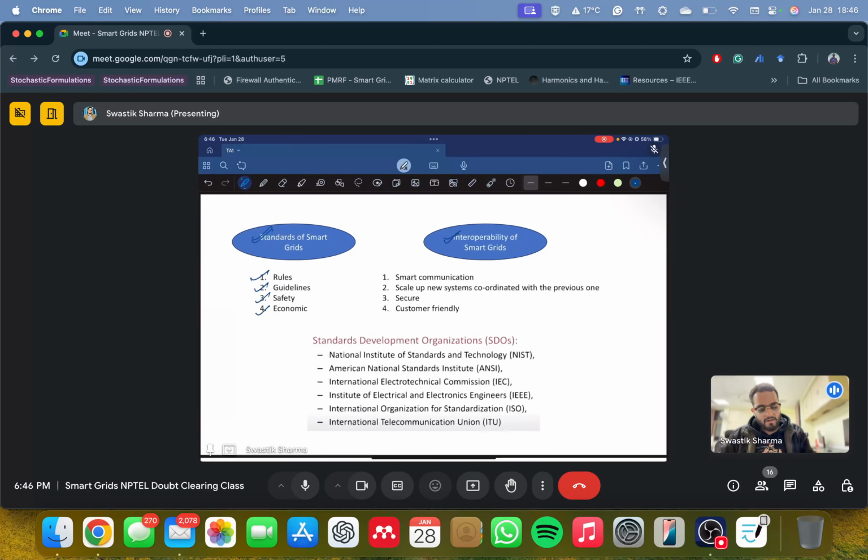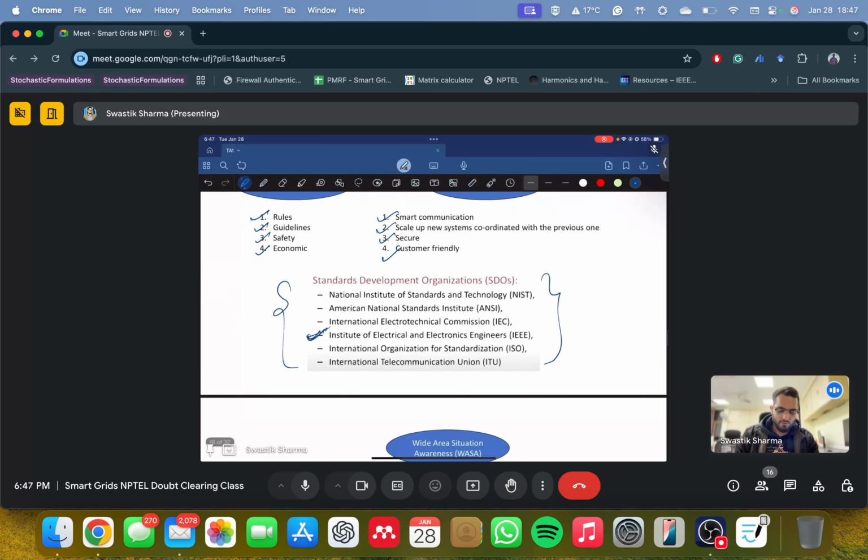And for interoperability of smart grids, they want smart communication, you want to scale up new systems, you want them to be secure and customer friendly. And these are some of the standard developing organizations. Mainly, we'll be using IEEE standard systems for our purposes because this is the only leading organization that works in only electrical focus areas.